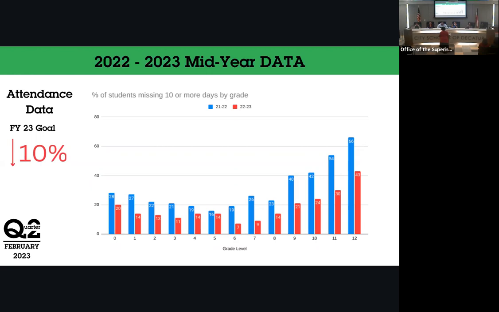So at this time point, our data suggests that we have fewer absences, and you can see that the percentages are lower at this time point during the school year. So hopefully we're on track to meeting that goal, beating that goal. And the social workers are working with the school-based attendance committees, and they've instituted some new protocols to help with reducing.